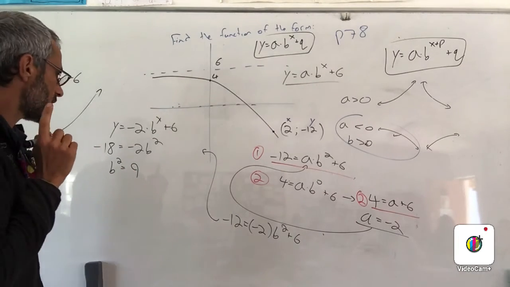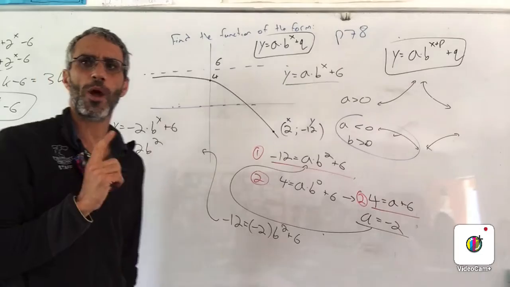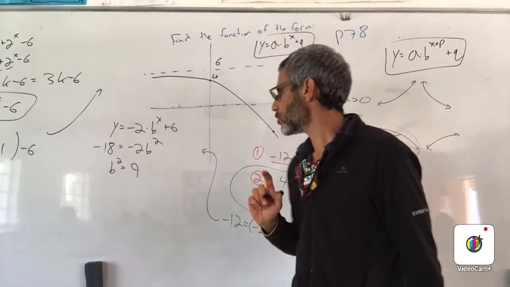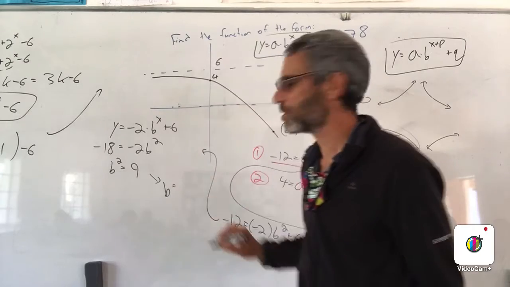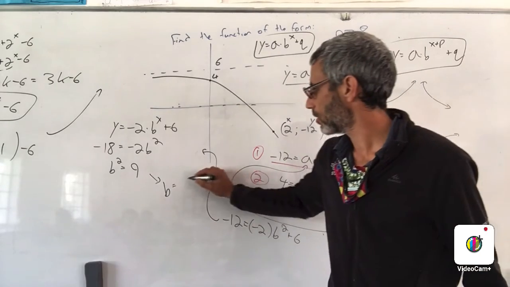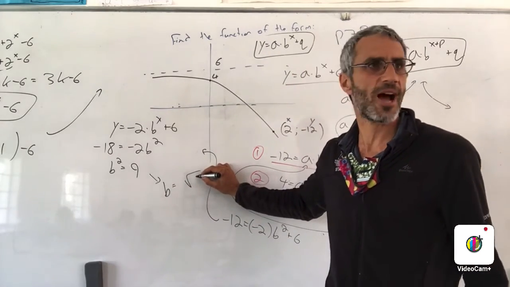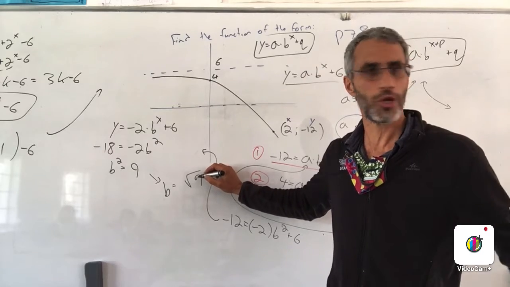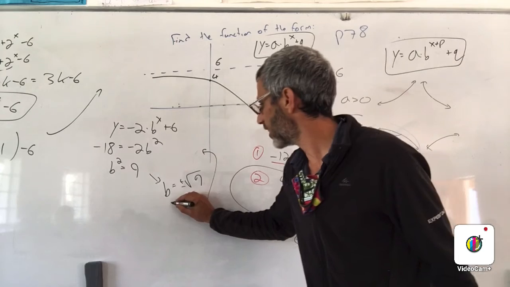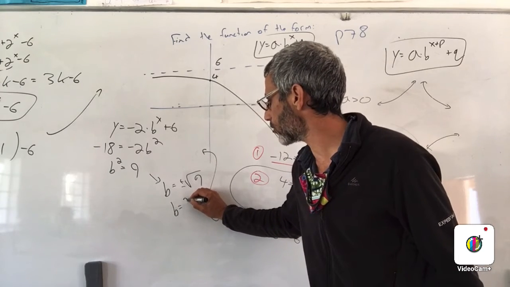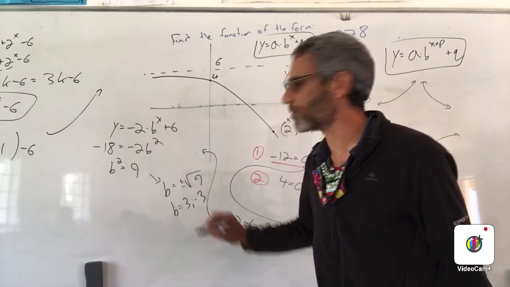Okay. Now there's two answers here and there's two ways of doing this. You've got the JD way. What will JD do? We're going to square root the 9, right? But he's good, so he will remember to put plus minus. In other words, b equal 3 or minus 3.